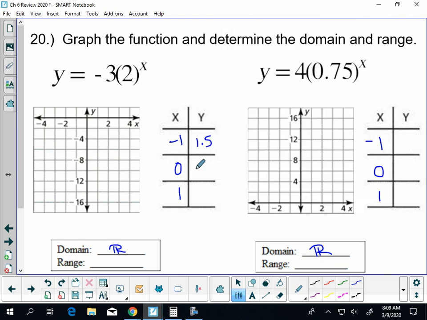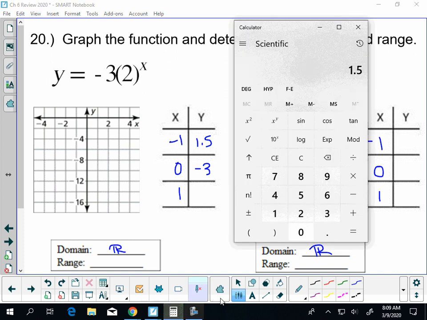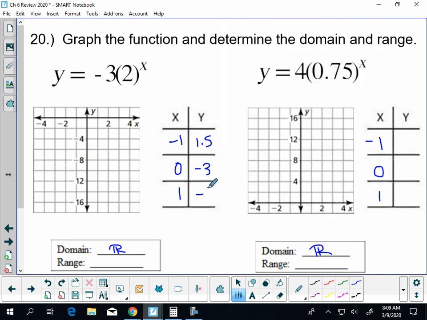Put 0 in there, you can get negative 3. If I put 1 in there, 2 to the 1 times, let's remember our negative this time, negative 6.